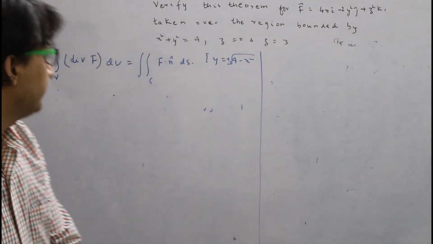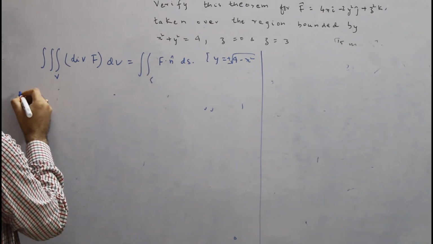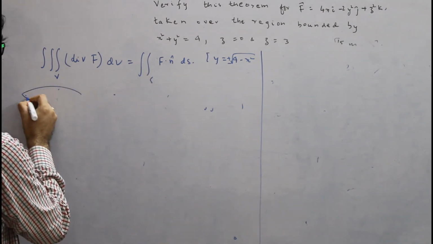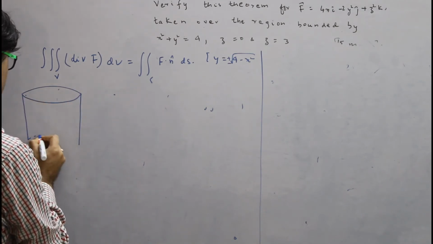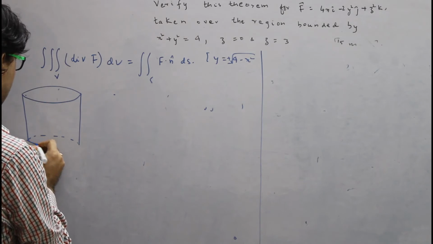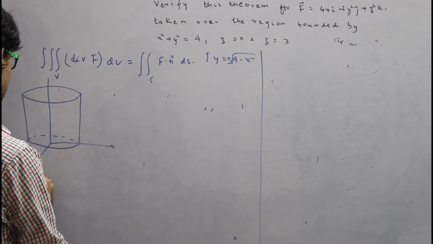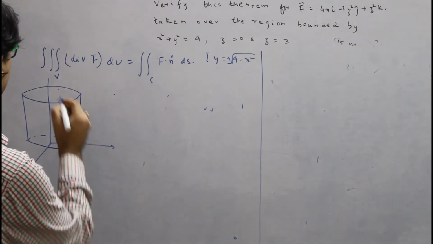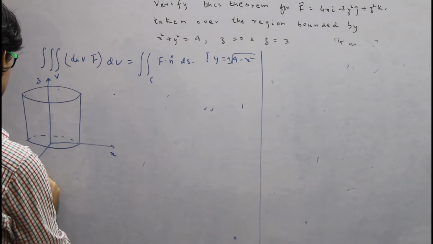So over here, you have to start from here. So we have 3 surfaces. If I draw those axes, let's say this is my z, this is my x, this is my y.